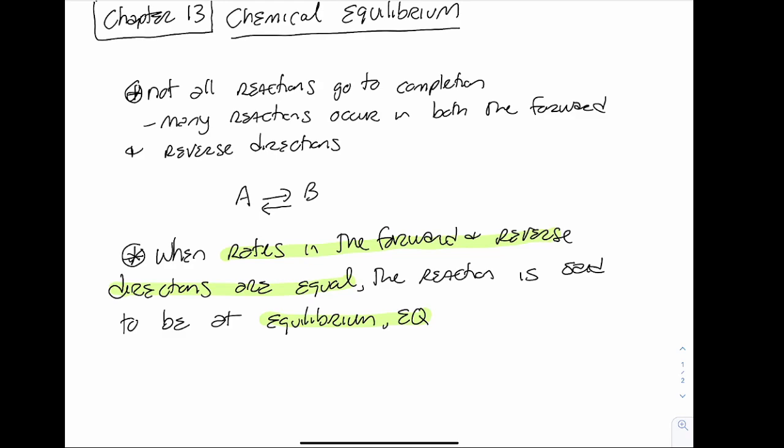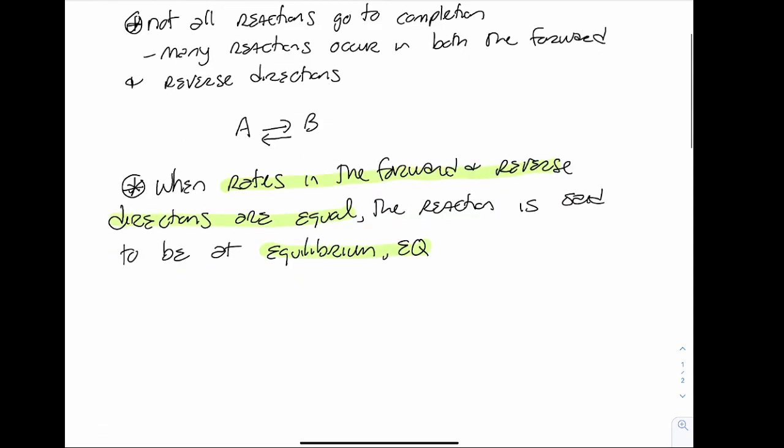Note, also important, right? The concentrations of A and B aren't equal. It's the rates that are equal. So we don't have to have equal amounts of reactant and product, right? My concentrations do not need to be equal. My rates need to be equal. We'll use these brackets again for concentration. This is important.